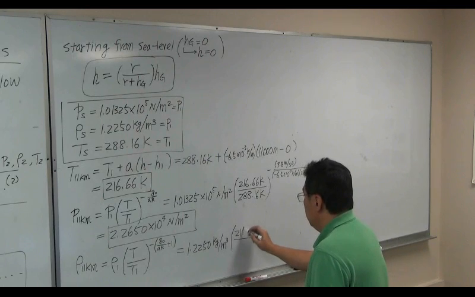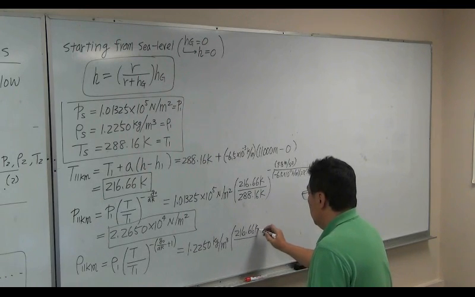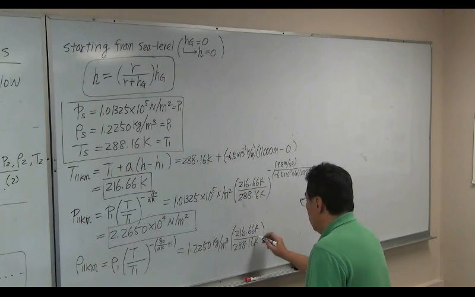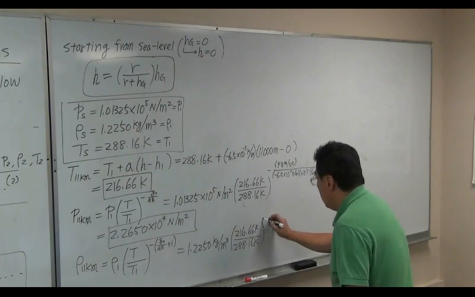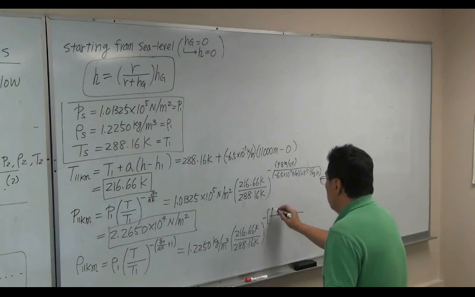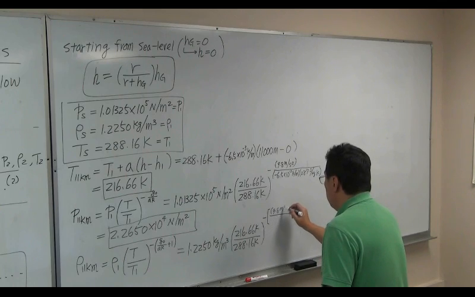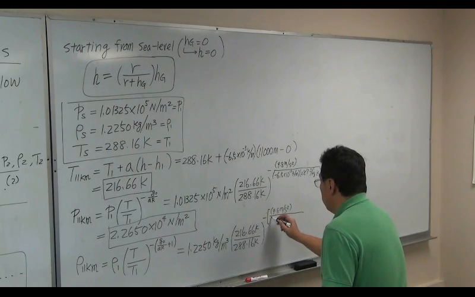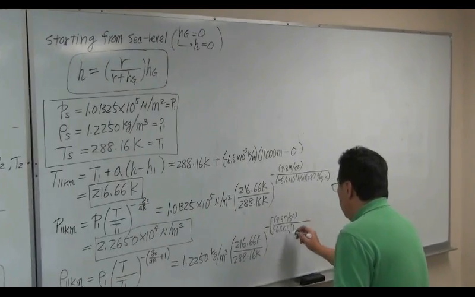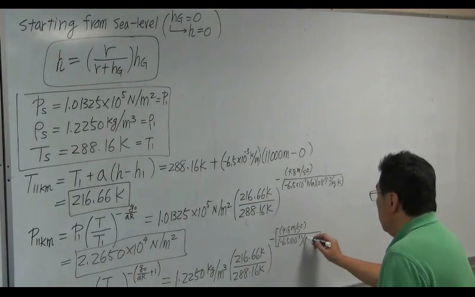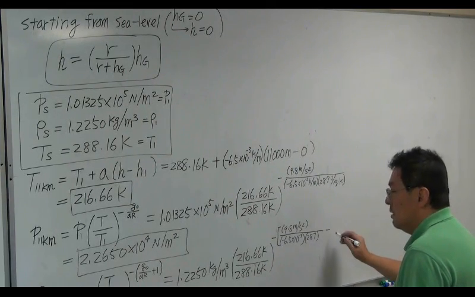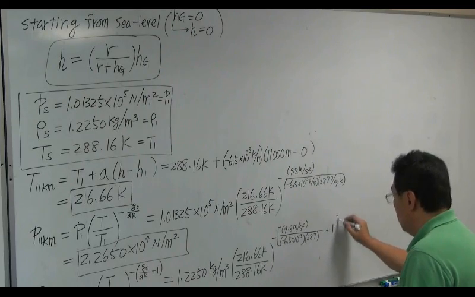Temperature ratio, once again, 216.66 K over 288.16 K, to the power of bracket 9.8 meter per second squared divided by minus 6.5 times 10 to the minus 3 Kelvin per meter, times 287 joule per kilogram K, plus 1.